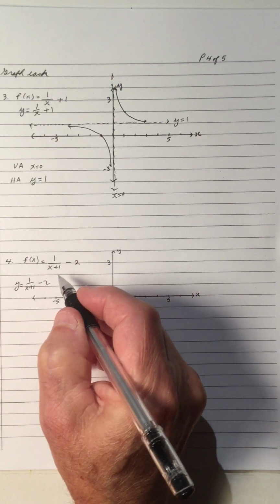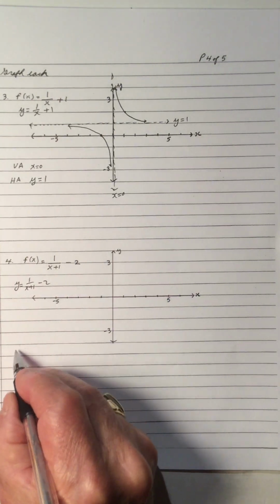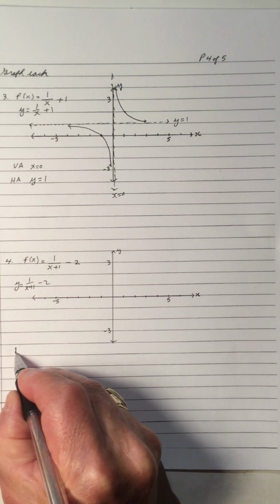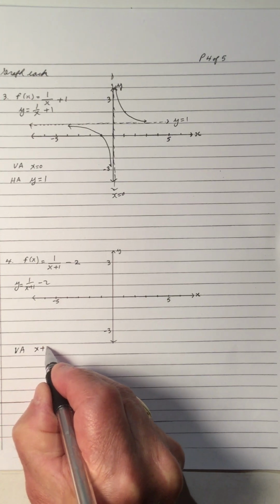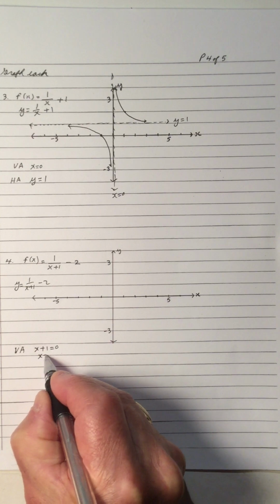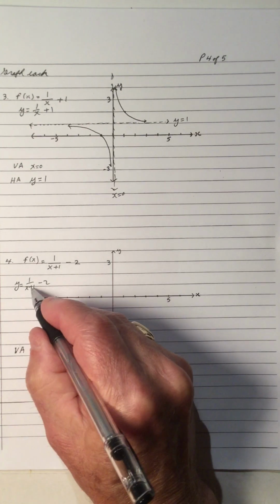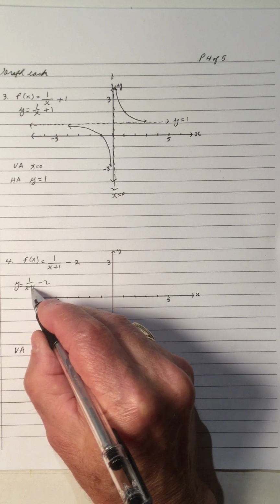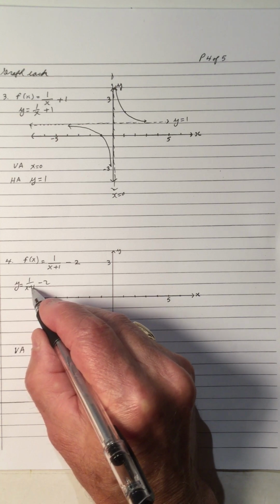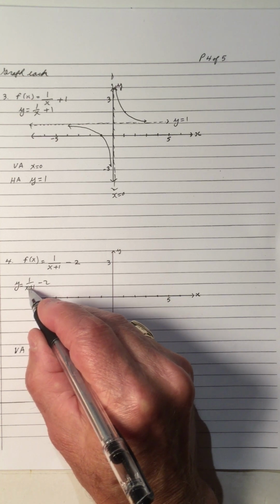f of x is a y, and so the vertical asymptote is when you let x plus 1 equals 0, so x is negative 1. So the vertical asymptote is negative 1. Negative 1 plus 1 is 0, and 1 over 0 is undefined.